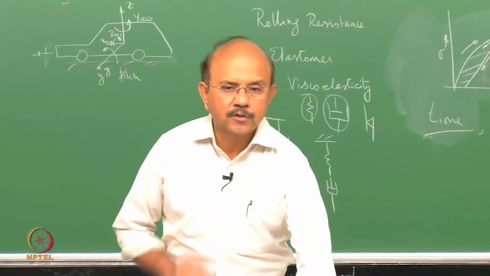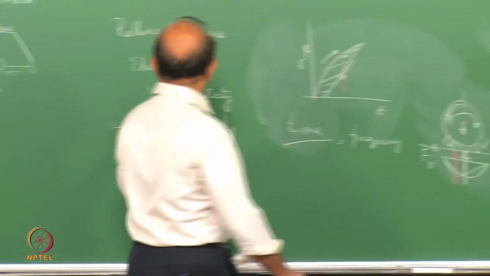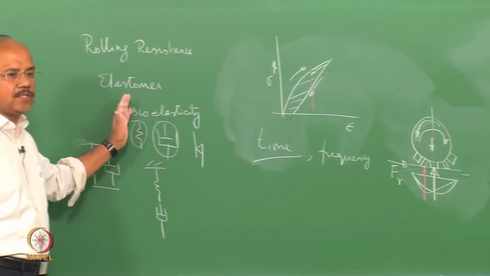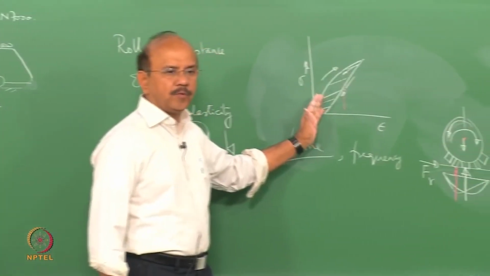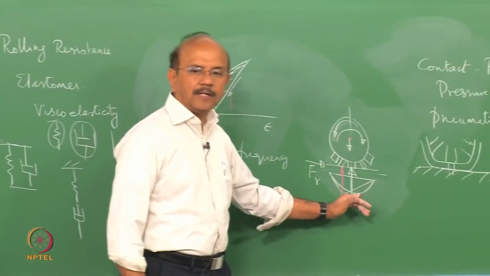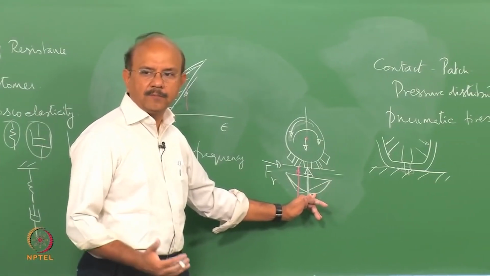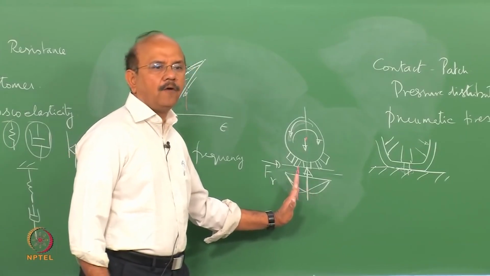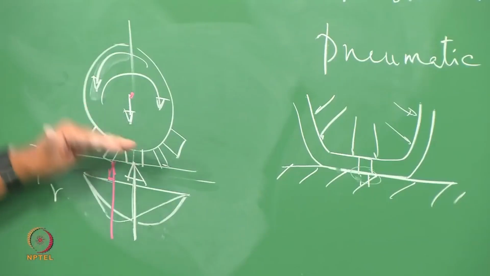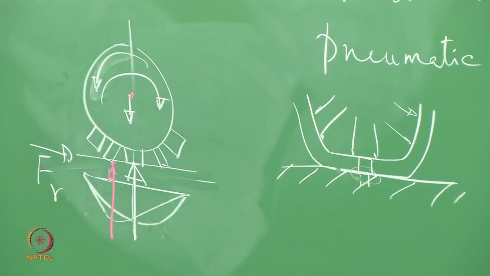So, the philosophy of this rolling resistance force, to summarize, is the viscoelastic behavior of the elastomer, which means that there is a loss of energy, which means that the symmetric contact pressure distribution, when it is stationary, gets affected, or in other words it becomes skewed. The skewed distribution produces a normal force, which not only supports the vehicle or the tire, but also creates a moment which opposes the motion.